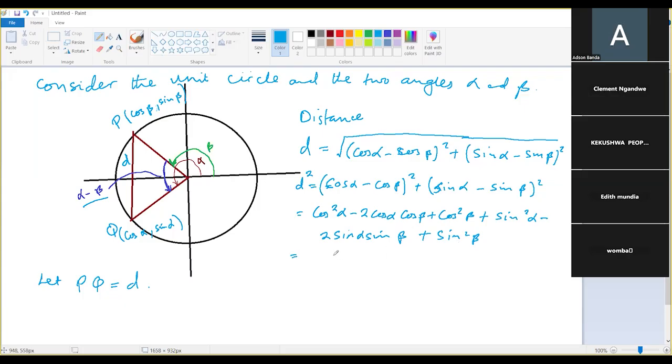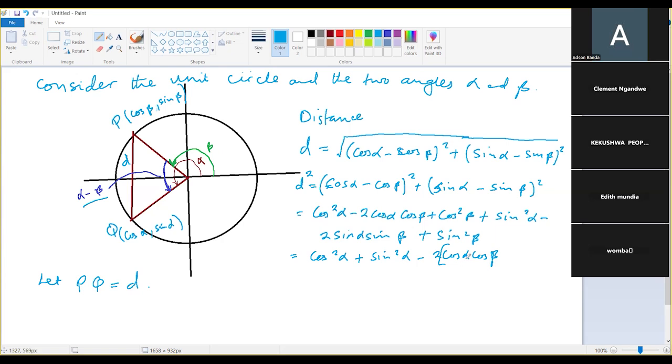The next thing is just to look at some common terms which are in terms of an identity. So for instance, we have cos squared alpha. Then here we have sine squared alpha, so we can add sine squared alpha. And then the next term is 2 cos alpha cos beta. But then you can see that these are two of them, or rather, let me write it this way.